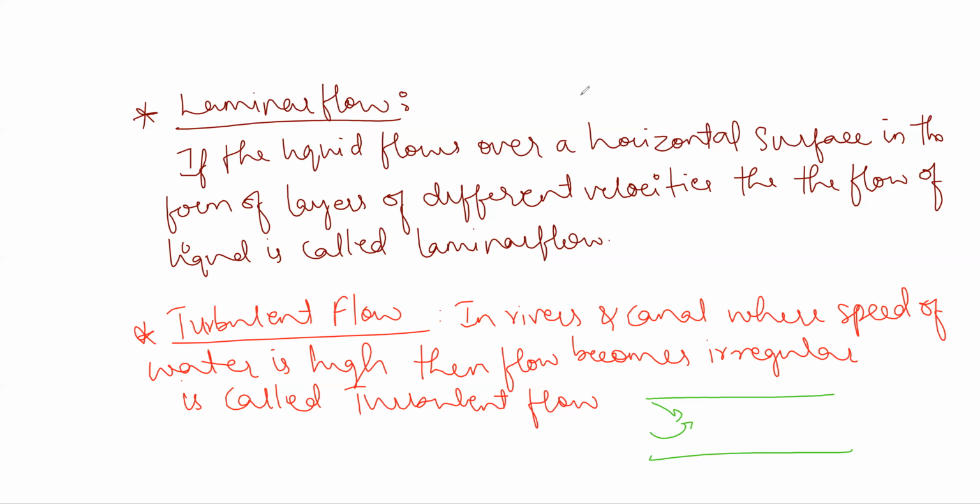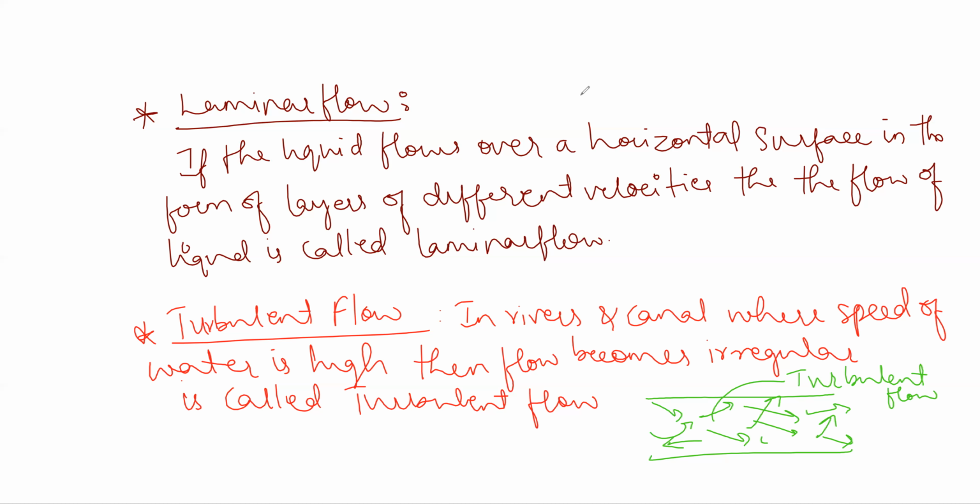Here all the water particles are not moving with a particular velocity, they are moving in zigzag or random positions. So this we call turbulent flow, meaning the velocity of the particle is different at different positions.